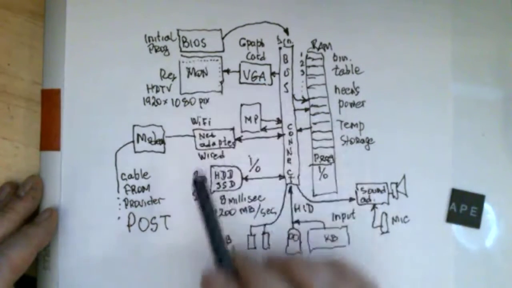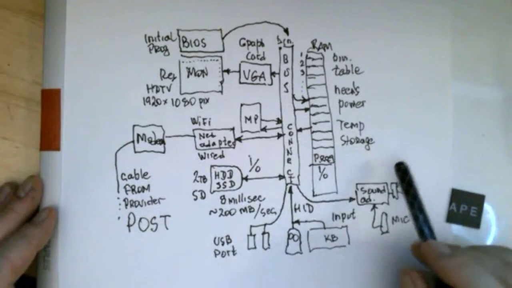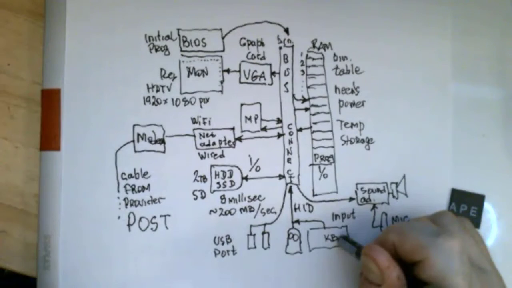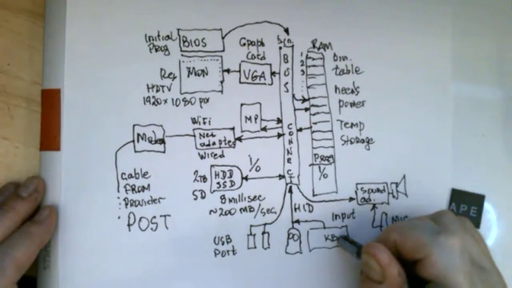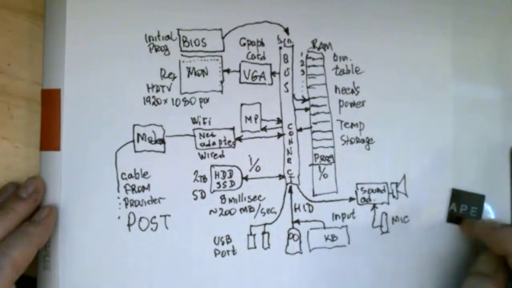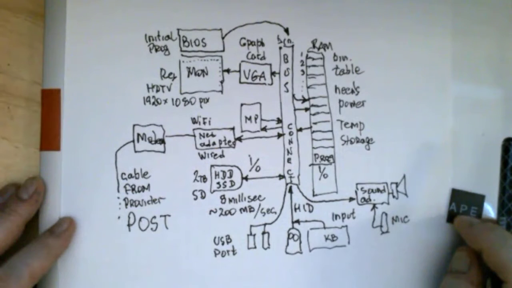The microprocessor starts asking devices to report to it. For example, Mr. Keyboard, are you here? The keyboard blinks a couple of times. Then, Mr. Monitor, are you here? And the monitor will report to the microprocessor that it is connected and present.